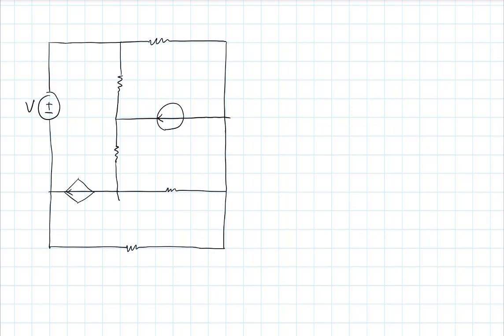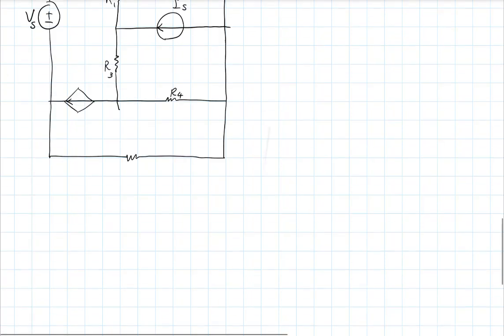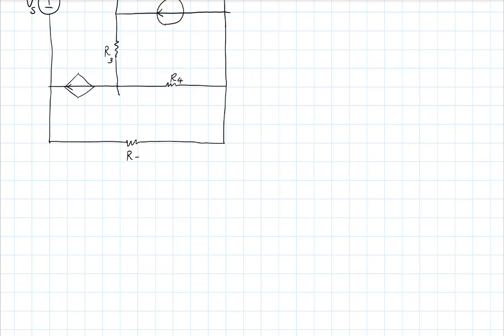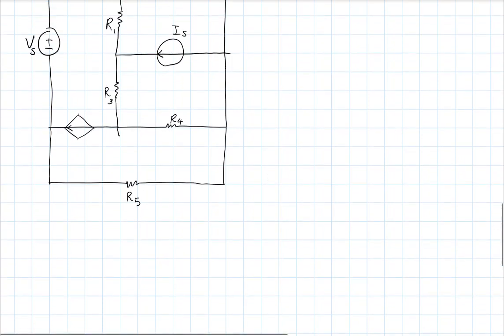So let's say this is a source voltage, a known value Vs, and this is another source, a current source of known value, and R1, R2, R3, R4, and R5. And this one, let's call this V4.